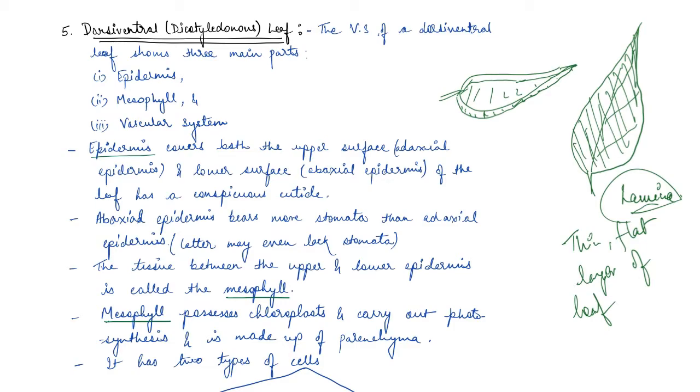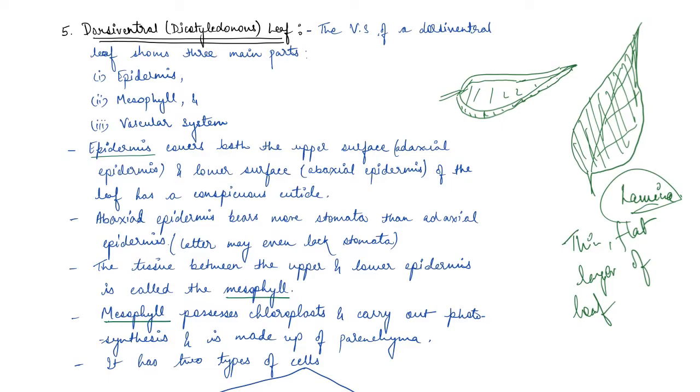Now, the tissue between the upper and the lower epidermis is known as mesophyll. Now, this mesophyll possesses chloroplast. Again, I'll make you remember that in one of the videos we discussed that it is part of the ground tissue system, right?